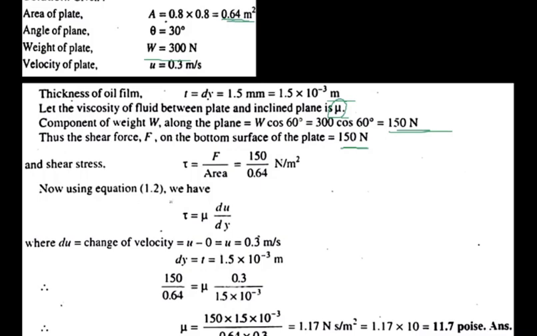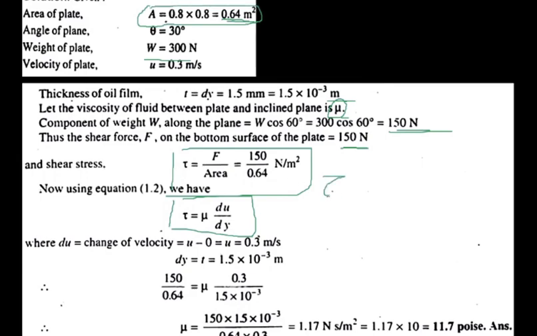So now using the equation, what is that? Tau is equal to, the same equation you have to use. Before that, what is tau? Here tau is not given directly. Here weight is given, weight is converted into force, and force is divided by this area to get the shear stress tau.